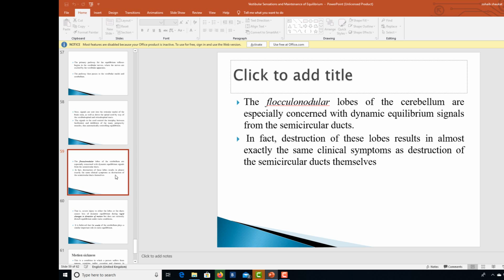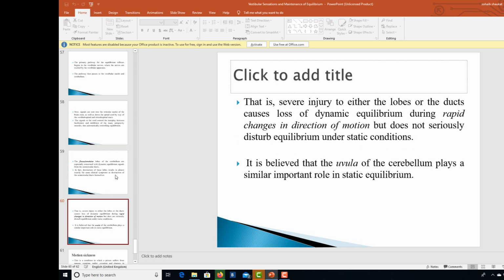The flocculonodular lobes of the cerebellum are especially concerned with dynamic equilibrium signals from the semicircular ducts. In fact, destruction of these lobes results in almost exactly the same clinical symptoms as the destruction of the semicircular ducts themselves.